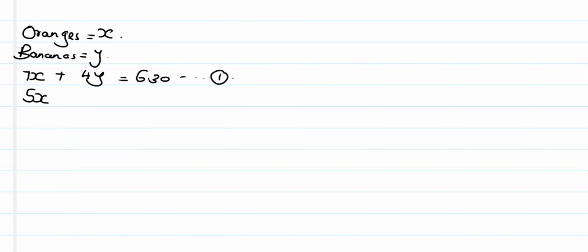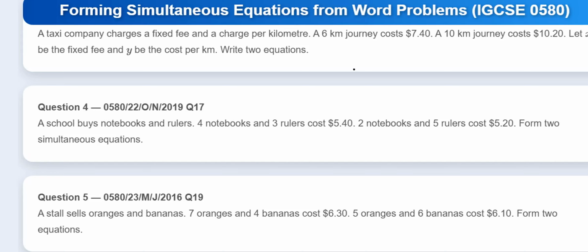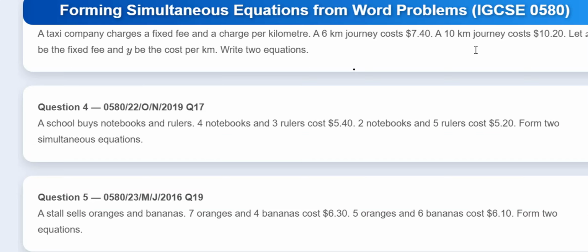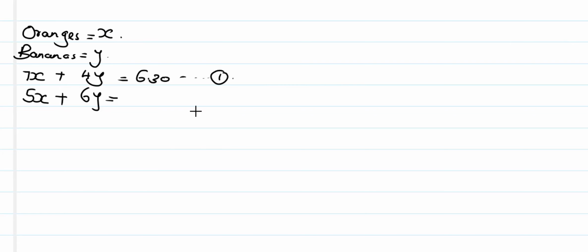Then 6 bananas will be 6 by Y, because banana is represented by Y. Then you are told the total for this, from the question, is $6.10. So you have formed the equation, and this is the second one.